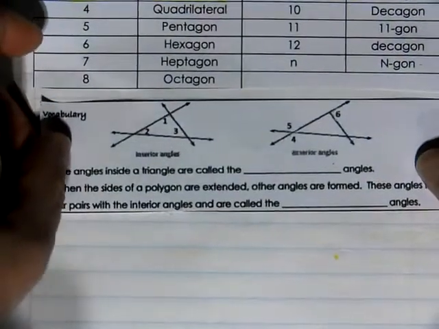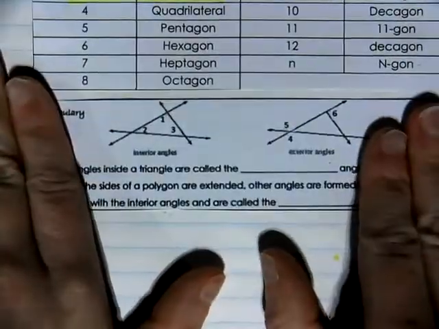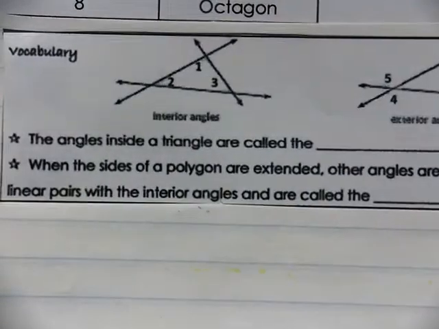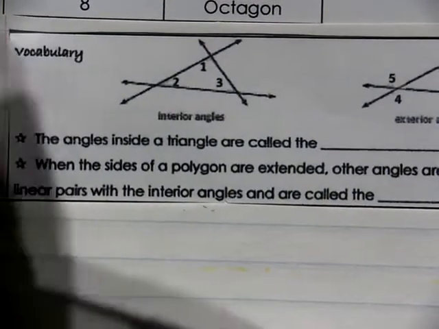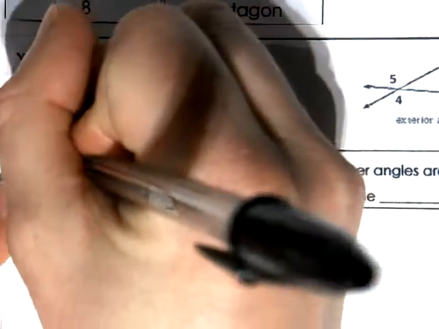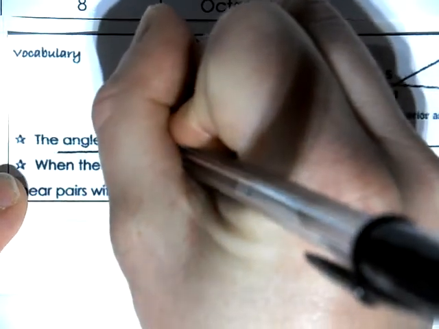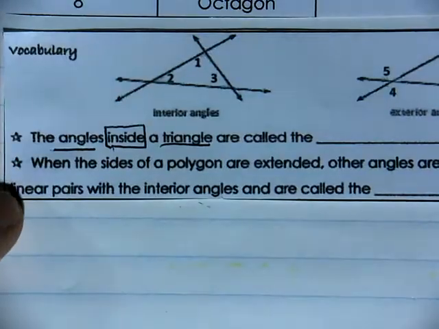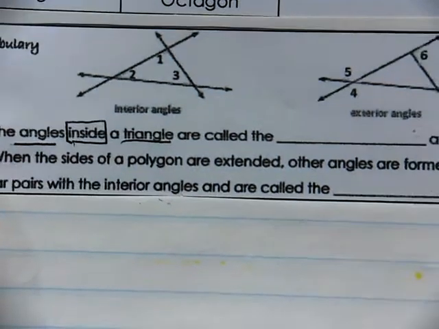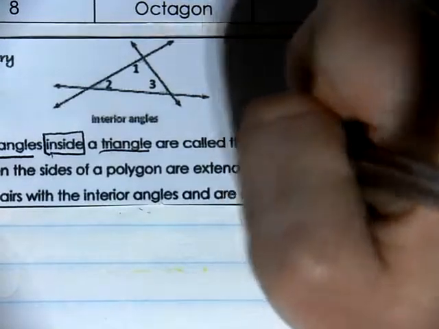So go ahead and glue this directly into your notebook. The first vocabulary word that we have is interior angles. When angles are inside of a triangle, or any shape for that matter, those angles are called the interior angles.